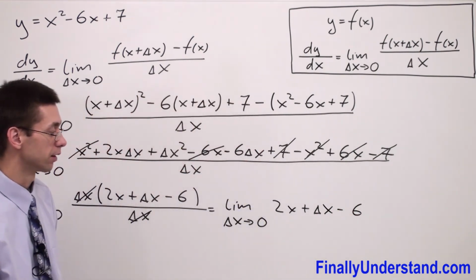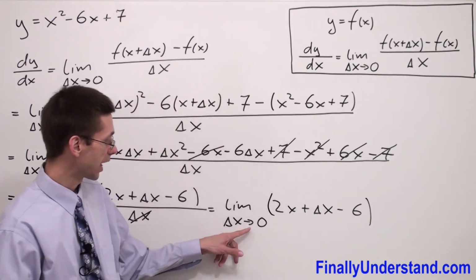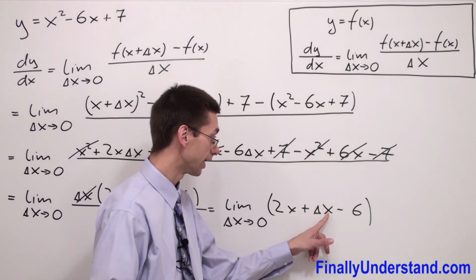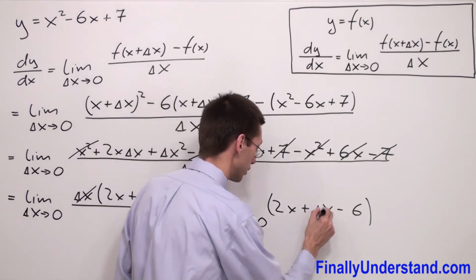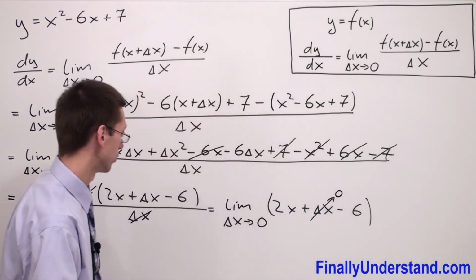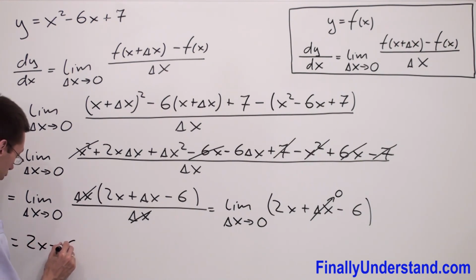Because delta x approaches 0, this delta x is going to also approach 0. Okay? So let's take a look what left. We are going to have 2x minus 6. Okay? So this is the solution to my problem.